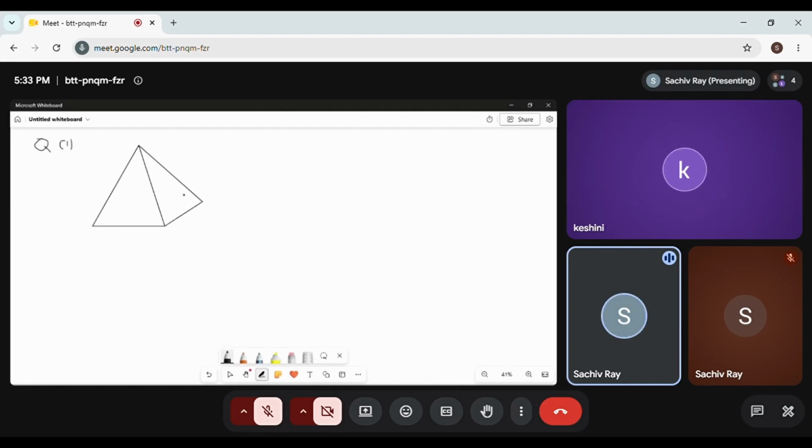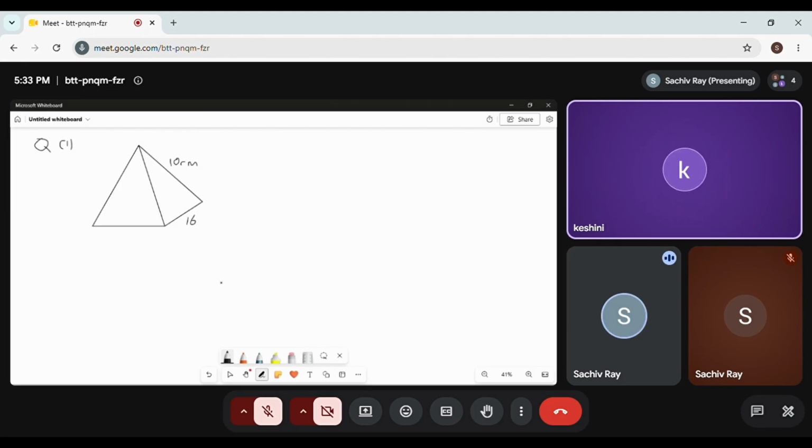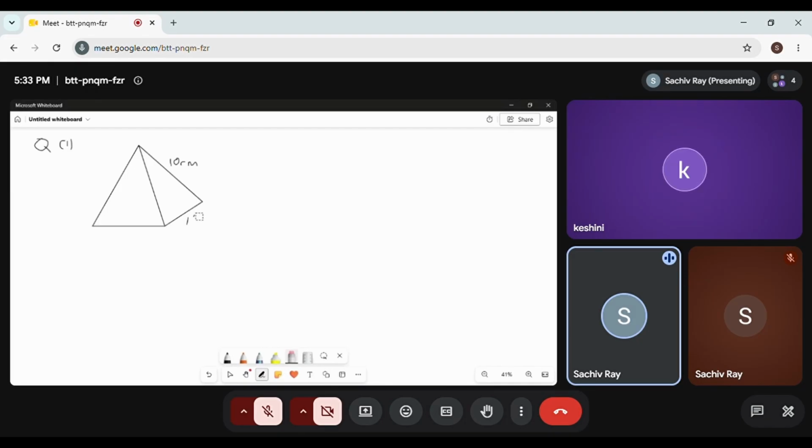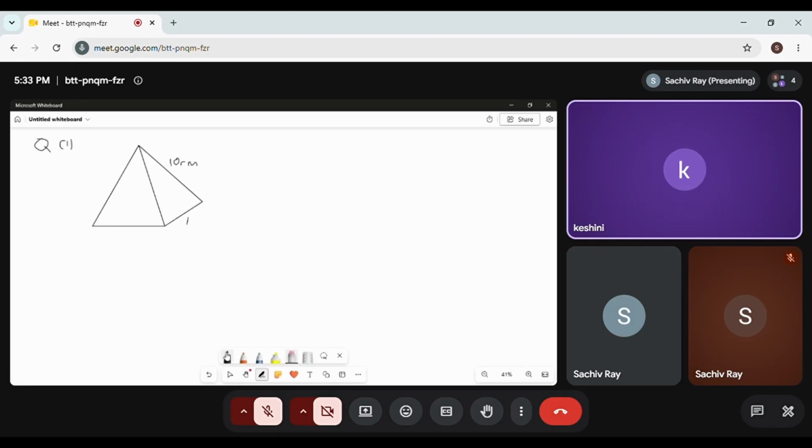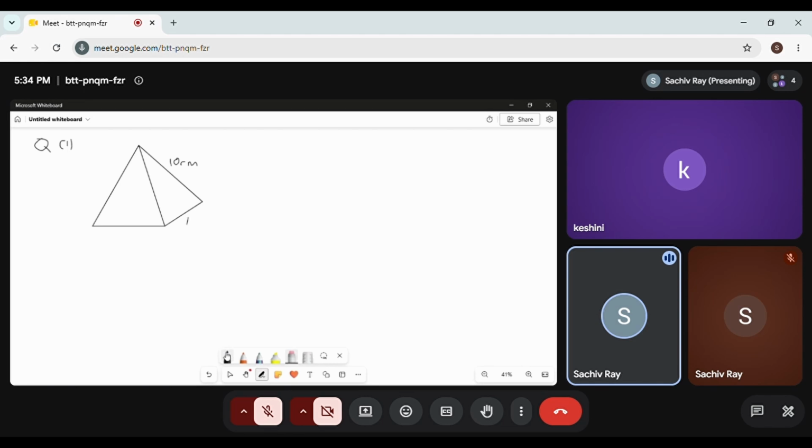I'm going to give you the slanted height, the length of one edge, let's say 10 centimeters, and the base side to be 16. That doesn't look right though. Let's make it 12 centimeters.